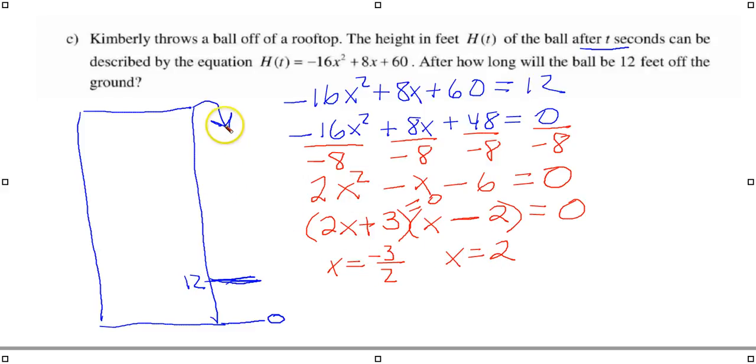So for the ball to drop from the rooftop when she throws it to reach 12 feet from the ground, it's going to take 2 seconds. Again, we reject this negative value. It doesn't take negative time.